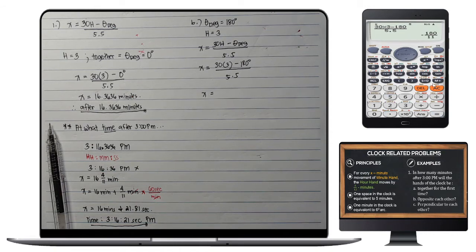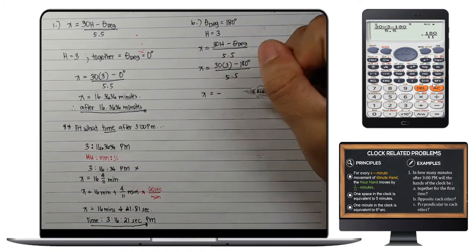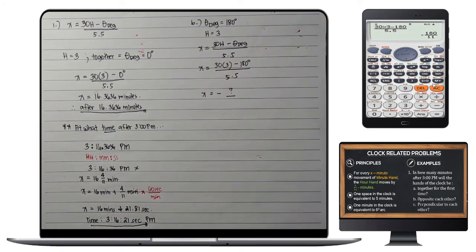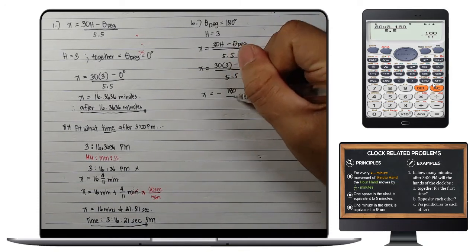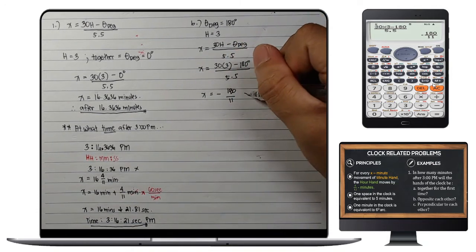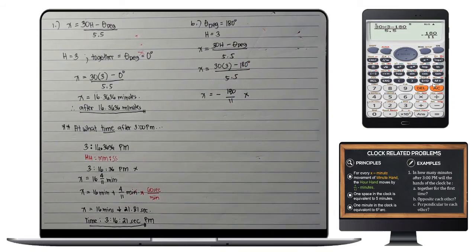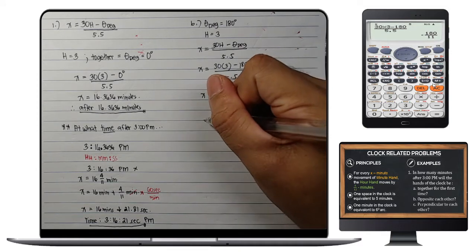Equals, so yung lumabas sa atin is negative, negative 180 over 11. And we'll consider this answer to be wrong. Why? Kasi wala naman tayong negative minutes. So, with that, use the other solution.